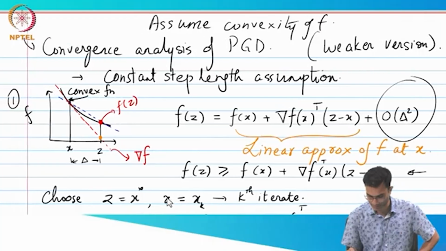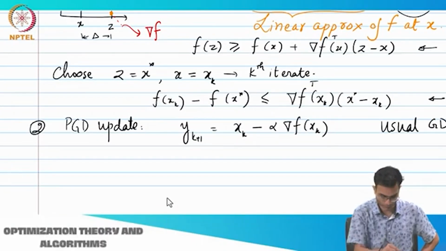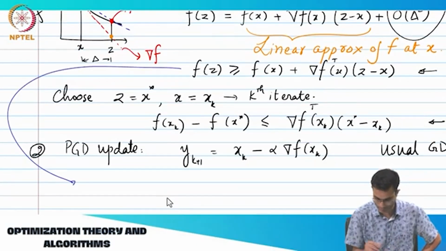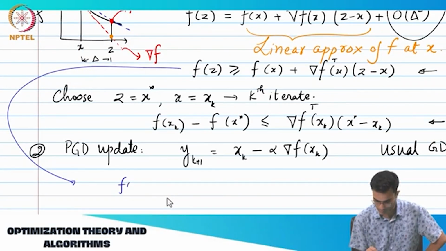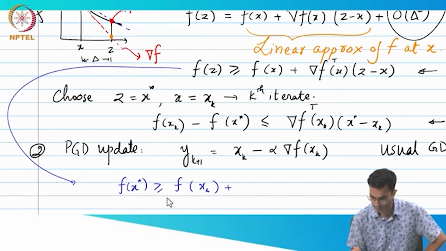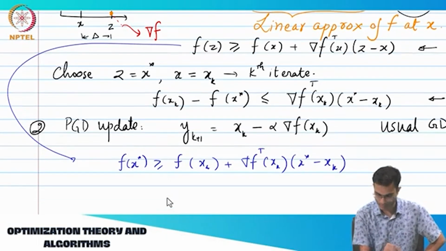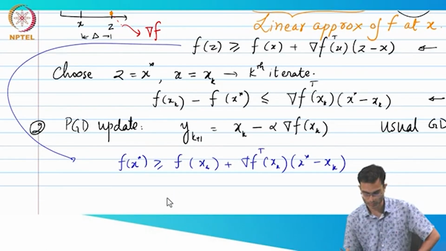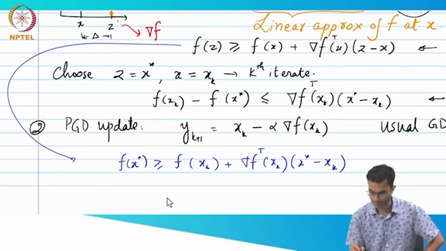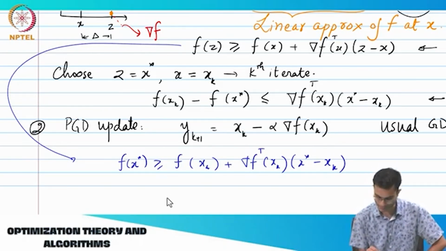Let's look at that once again. Let's take this and just substitute: f of x star is greater than or equal to f of xk plus grad f transpose times x star minus xk. If I want to keep f of xk there, then this is going to be f of x star.